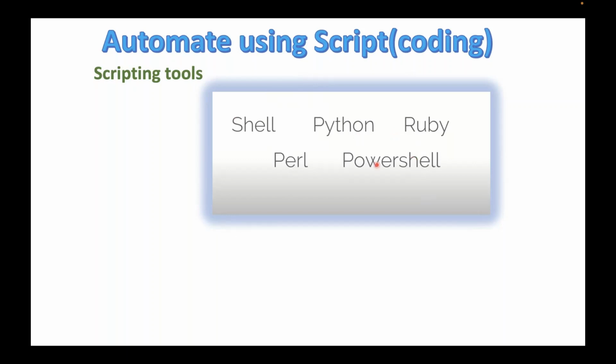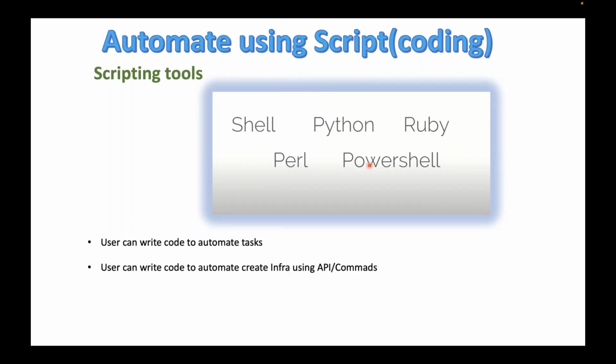Because we can code using the scripting tools to automate some set of tasks or piece of task in the OS or in the environment, wherever it is, right? A user can write the code to automate the task using shell, Python, Ruby, whatever it is. The same way, a user can write the code to automate the infrastructure.